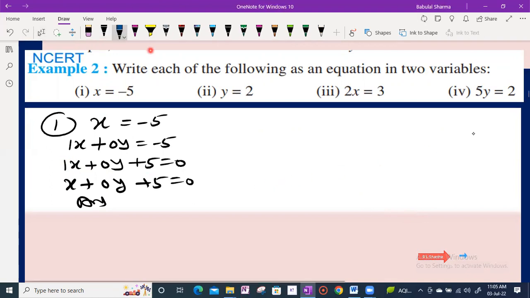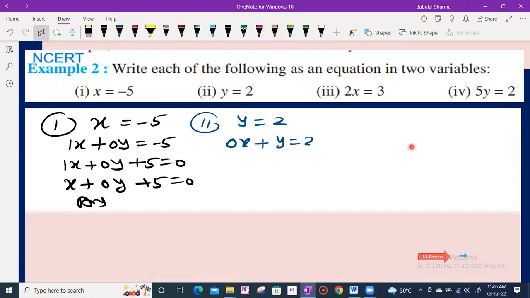Then the second part, that is y is equal to 2. You will see that here the x variable is not there, so for x we can write 0 into x plus y is equal to 2, because 0 into x is 0. Whenever any number is multiplied by 0 it becomes 0.